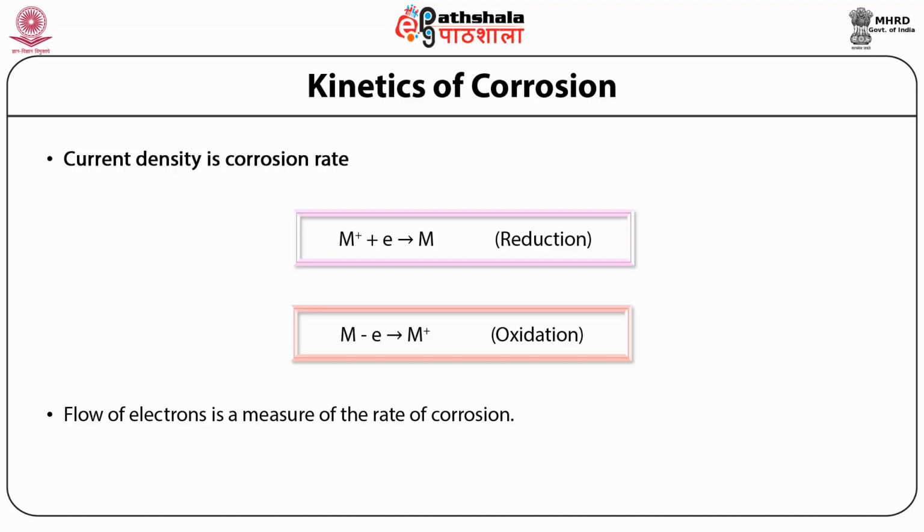At this time, the current density can be considered as the exchange current density. Exchange current density is a vital kinetic parameter for deciding the relative corrosion rates of many metals and alloys.